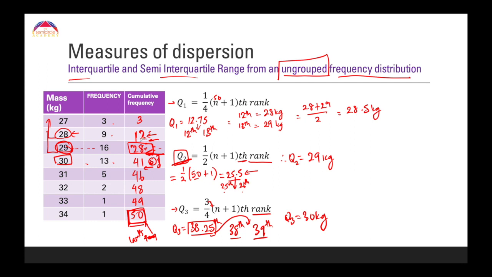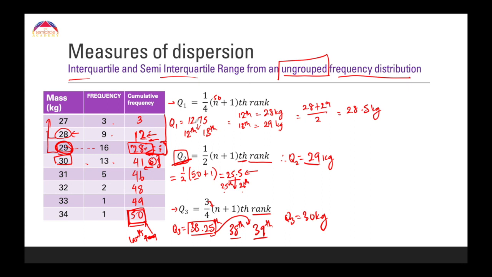So when I go here now, I could see that this group here is up to the 12th lamb, and from 12 to 28 is this group here. So my 25th and my 26th guy are going to be lying inside of this group here. So I got one simple number, 29 kilograms.